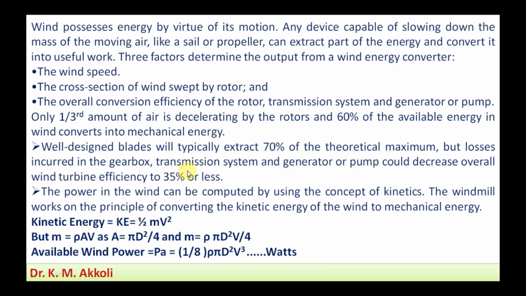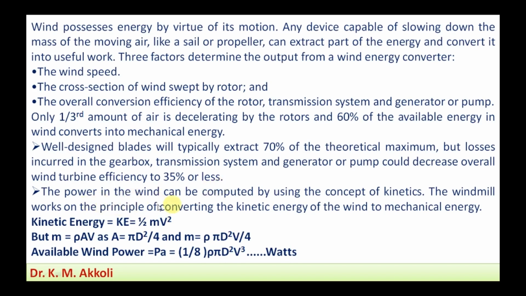But losses in the gearbox, transmission system and generator or pump could decrease the overall wind turbine efficiency to 35% or less. So the overall efficiency, including all the efficiencies, will be 35%.